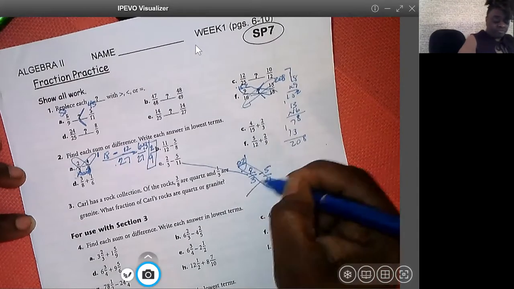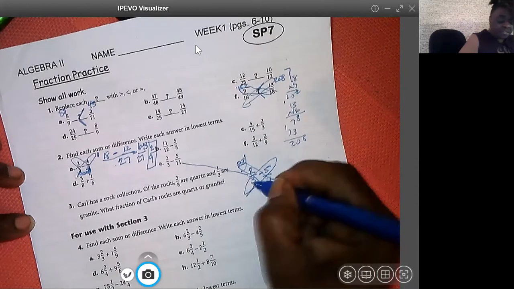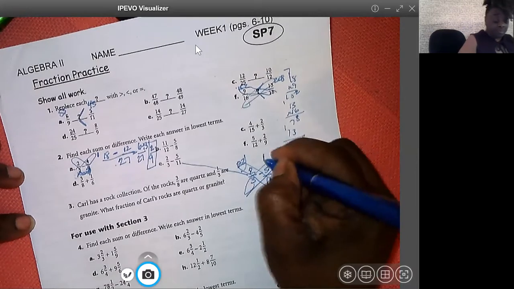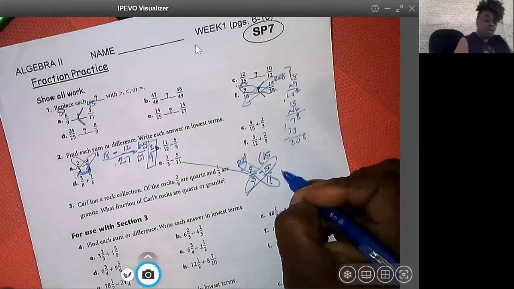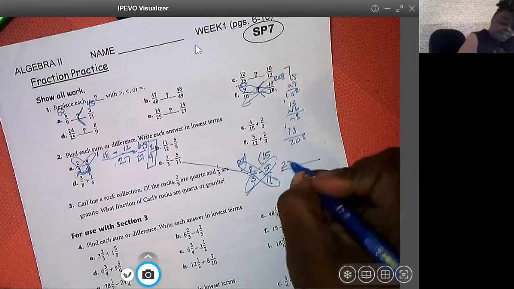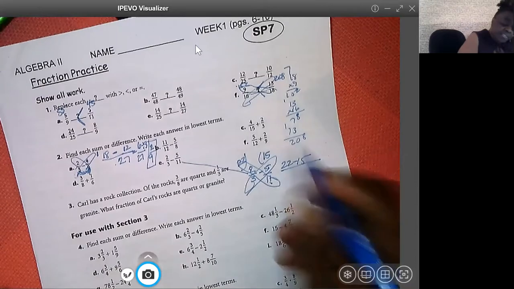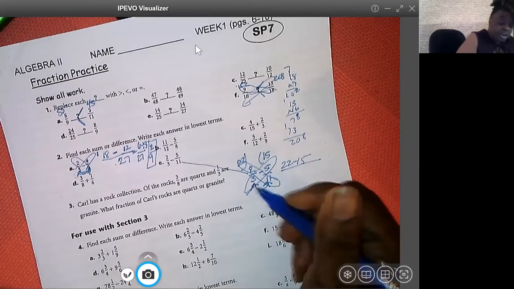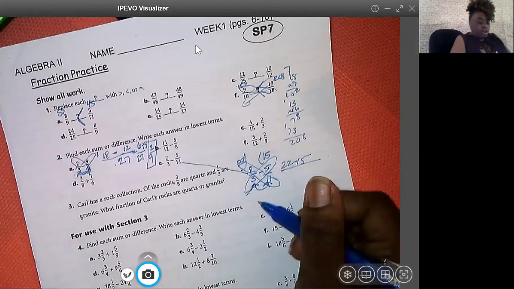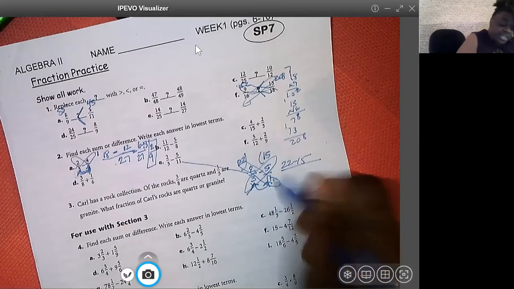Then you cross product on this side, which is 3 times 5, giving you 15. So we have 22 minus 15. And then you cross product across the bottom, which gives you 3 times 11, which is 33.